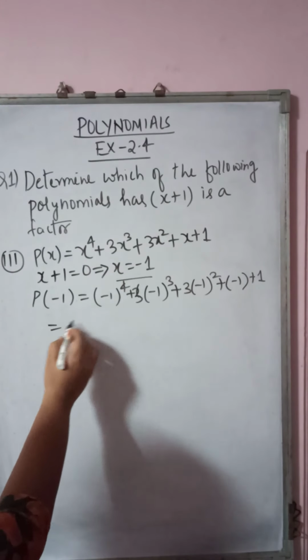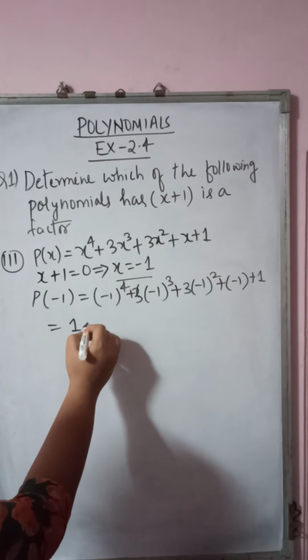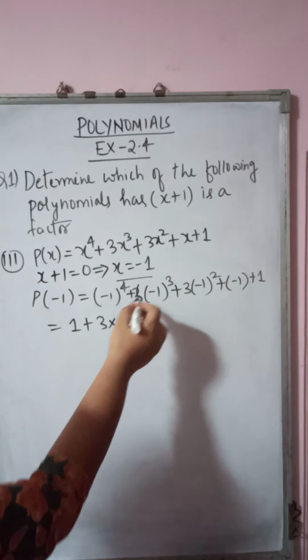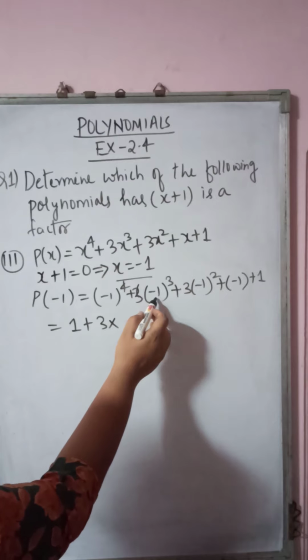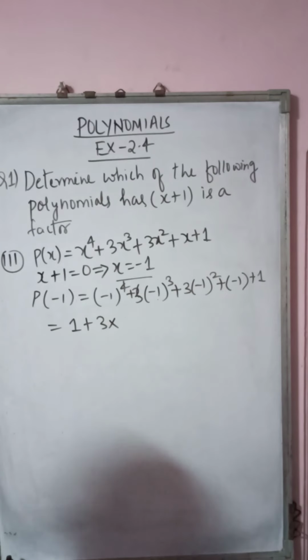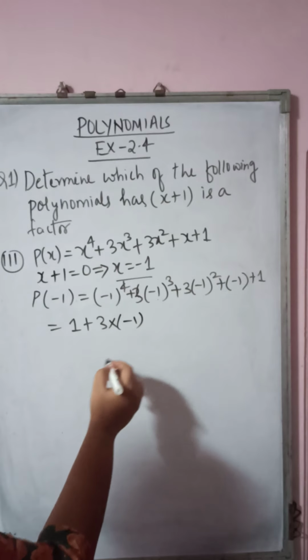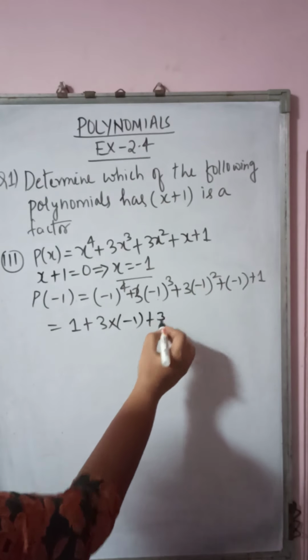Now again here the overall power is even, so it will become plus 1 plus 3 into, again here the power is odd, so if the base is positive then the answer is positive, but here the base is negative, so the answer will be minus 1. Now again the power is even, so it will become plus 3 into 1, 3.